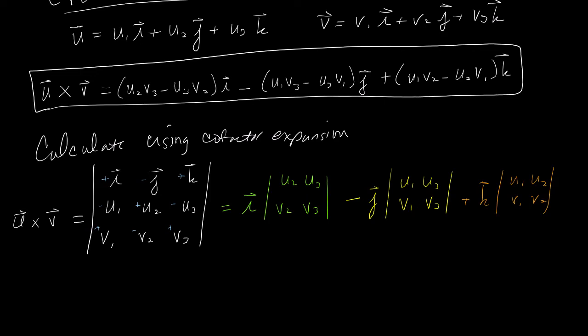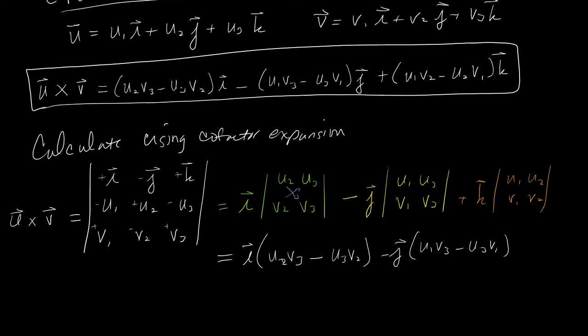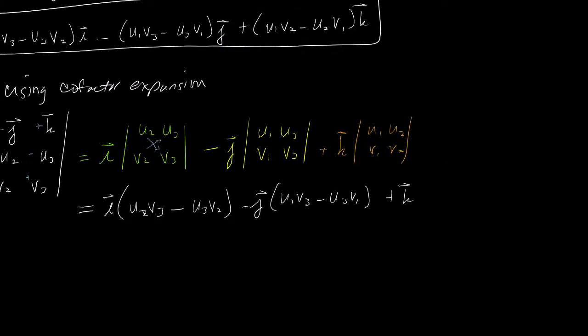So what have we got here? Well, the determinant of a 2x2 matrix is the diagonals multiplied and subtracted. So this is going to be equal to i hat times u2 v3 minus v2 u3, or u3 v2, minus j times u1 v3 minus u3 v1, plus k times u1 v2 minus u2 v1.